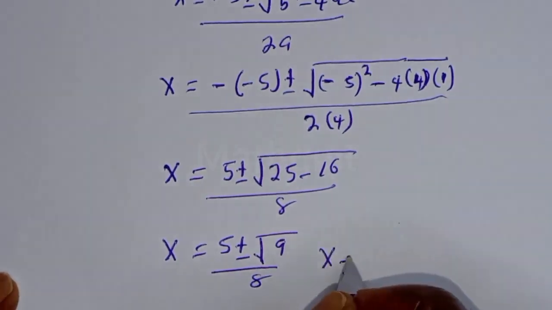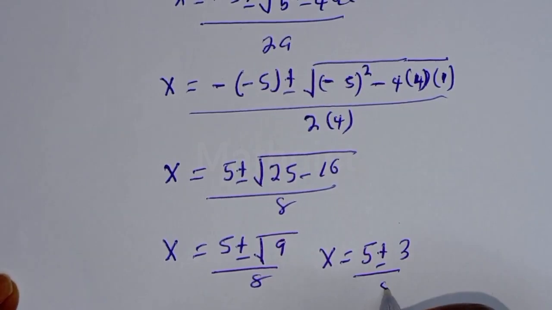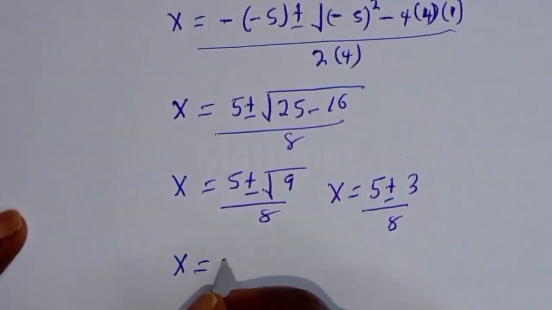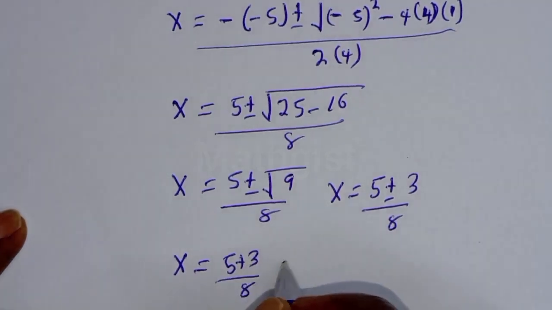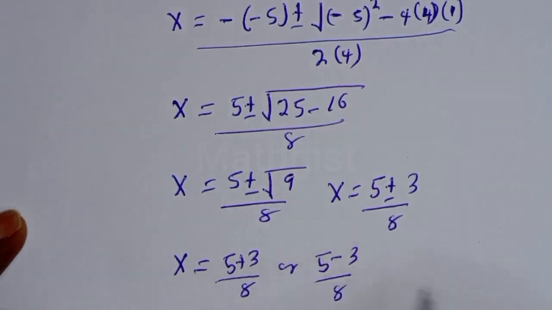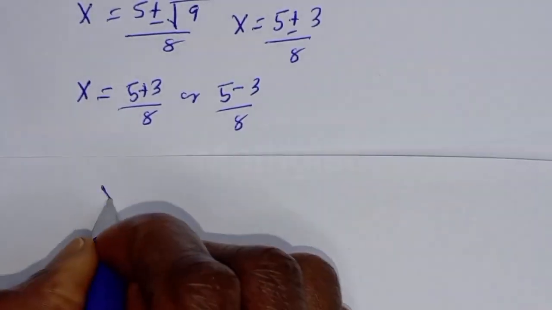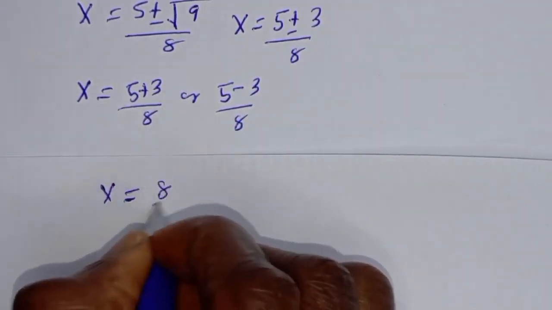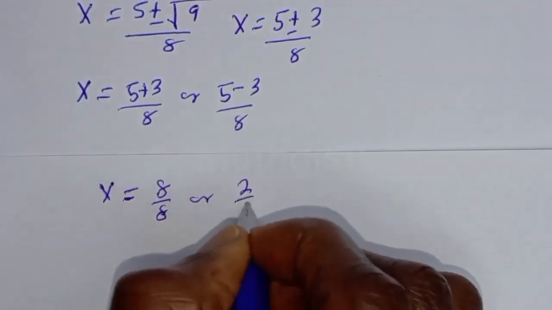Then s is equal to 5 plus or minus 3 over 8. s is equal to 5 plus 3 over 8 or 5 minus 3 over 8. s is equal to 5 plus 3 over 8, that is 8 over 8, or 5 minus 3 over 8, 2 over 8.